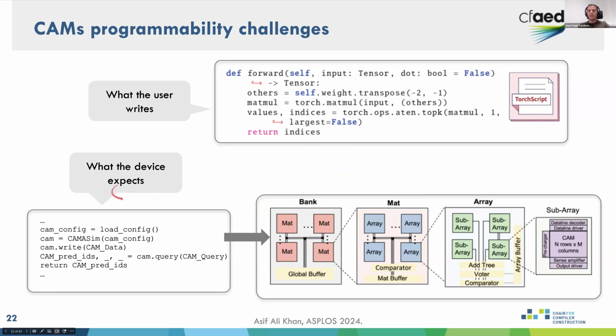And also the available simulators provide some sort of programming capability which is close to this device API, which people as programmers don't have much time to understand. So there is a bottleneck of how you're going to manually translate an application to a mapping in an accelerator that is based on CAMs.